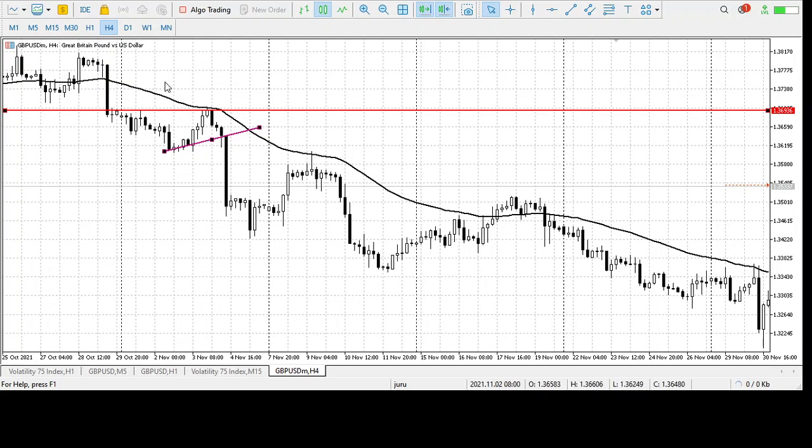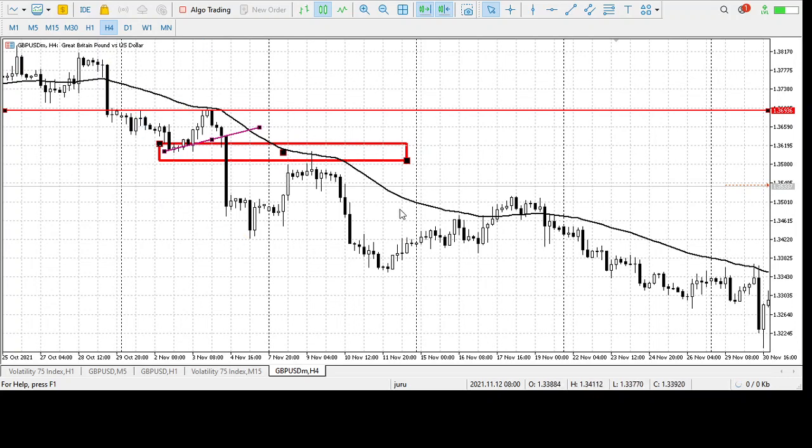So once again, let us insert a rectangle here, so that you can see this area. This was once used as support, and it is now used as resistance. So it is support that has turned into resistance, this area.